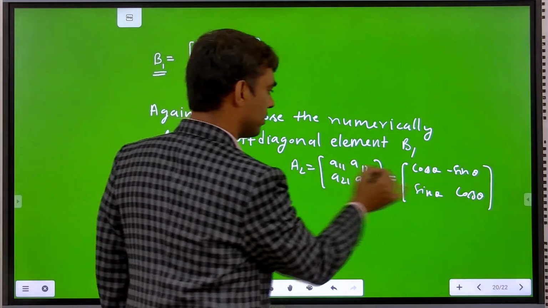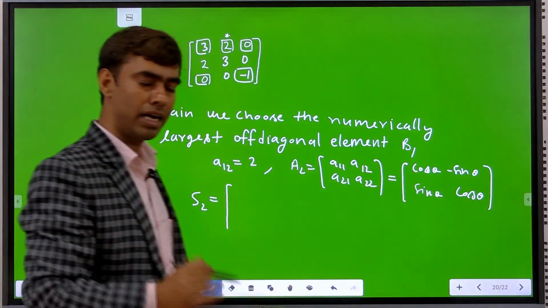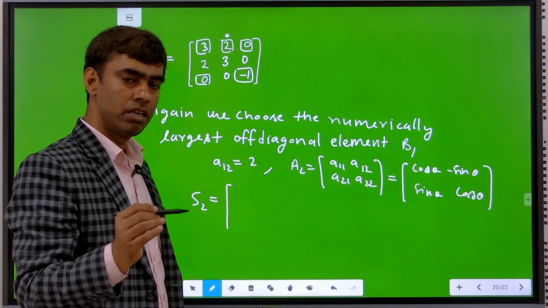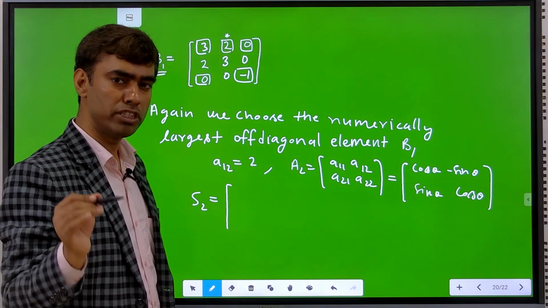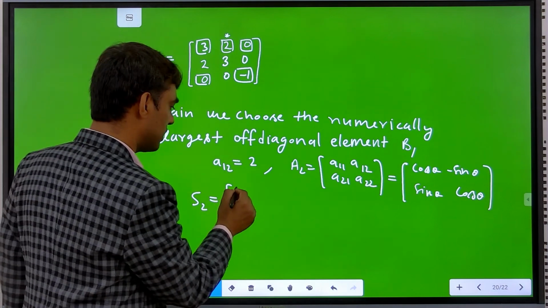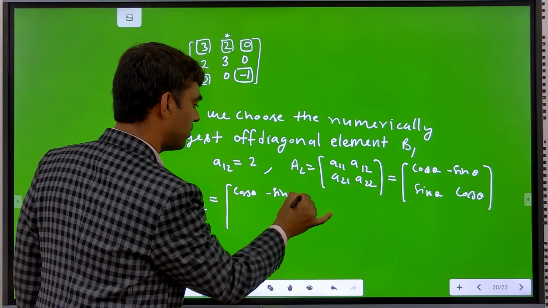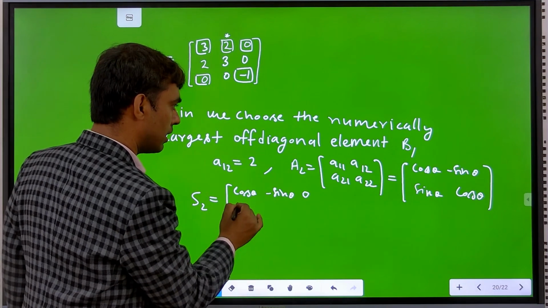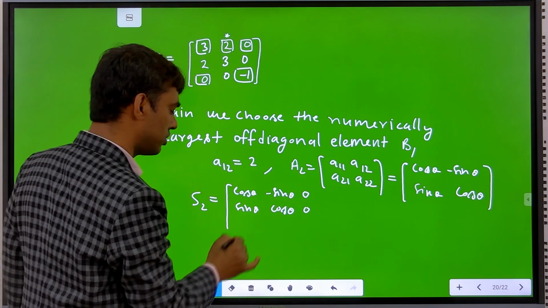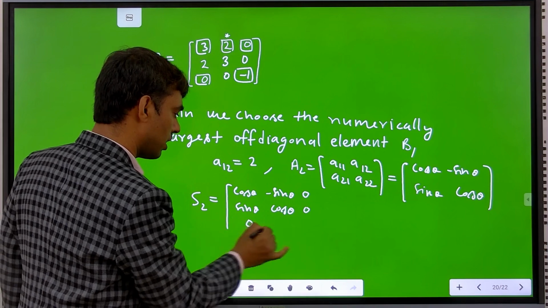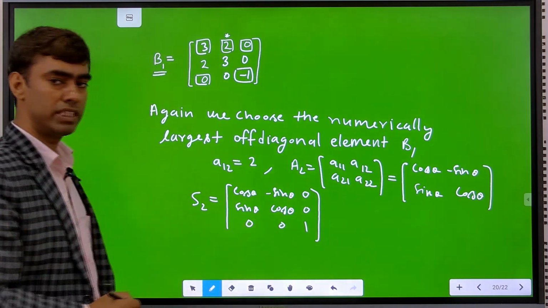In these positions only we write this matrix, and in all other off diagonal positions we write 0, and in diagonal positions we write 1. So, here we write cos theta, minus sin theta, sin theta, cos theta, and all other off diagonal elements become 0, but diagonal elements become 1. This one is S2.